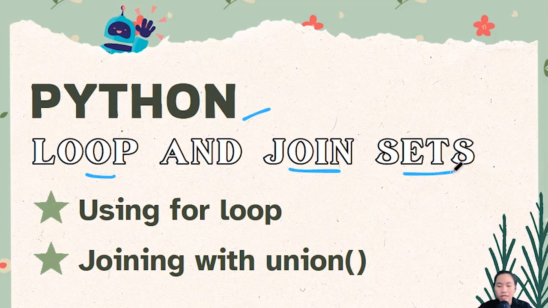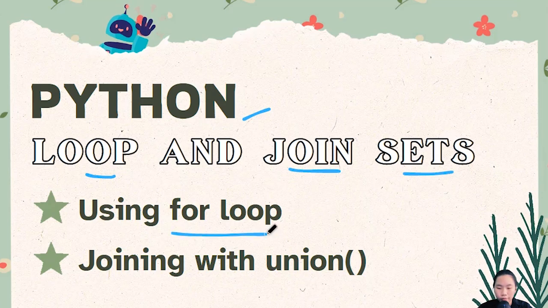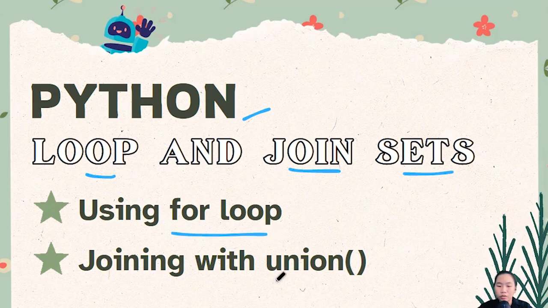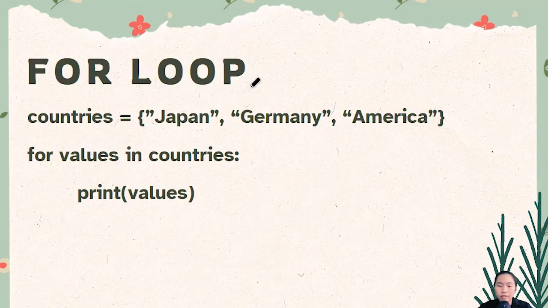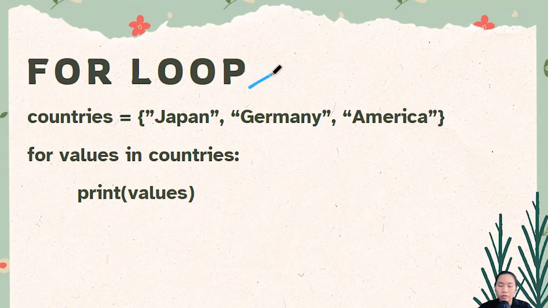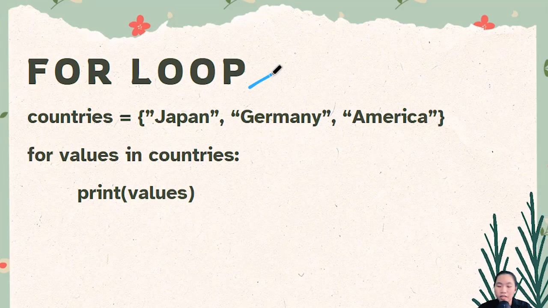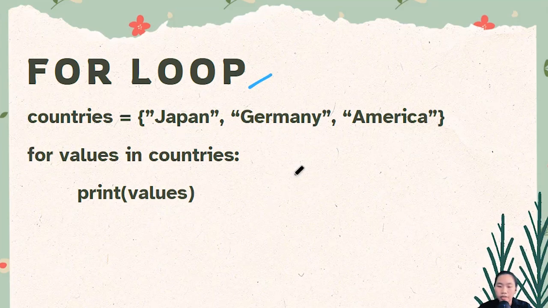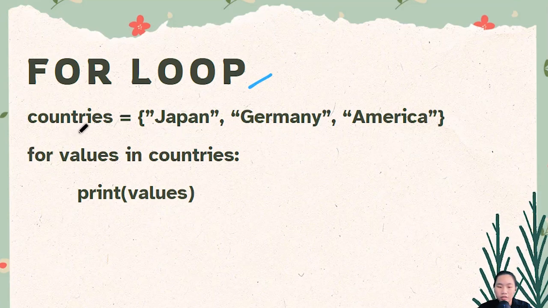Specifically, we're going to be looking at our friend the for loop and then a new method, union. Okay, first off, let's tackle the for loop. I'm sure that a lot of you are very familiar with how a for loop works already. It's popular, it's used a lot. So I have a set over here, countries, with Japan, Germany, and America.